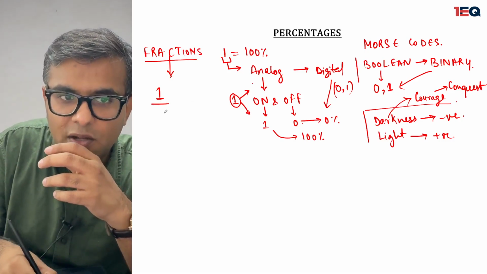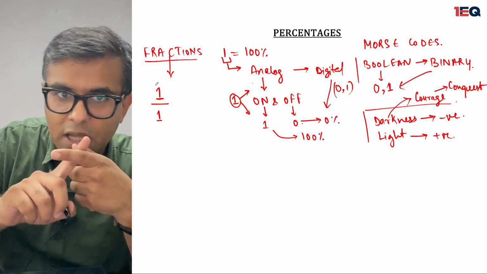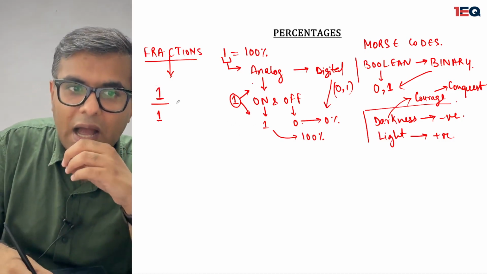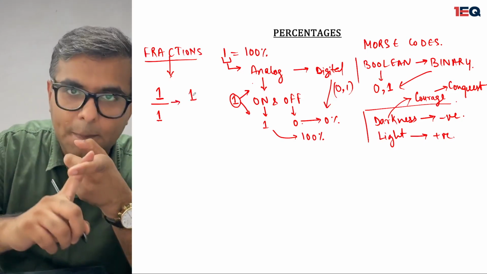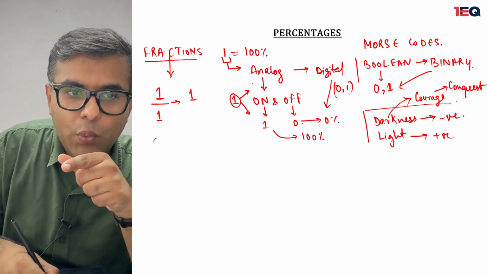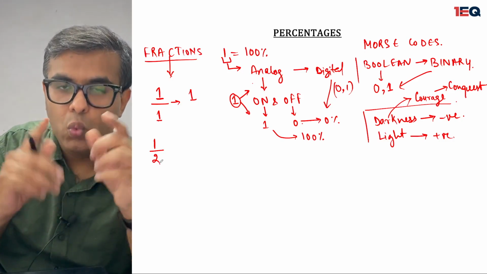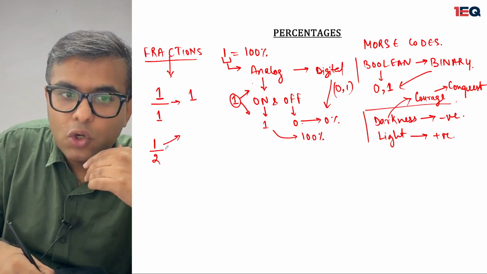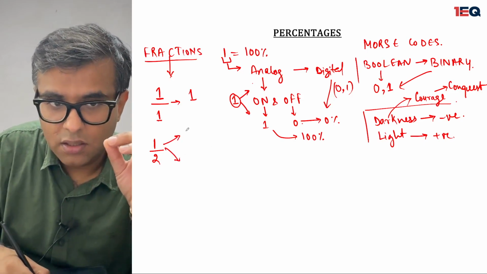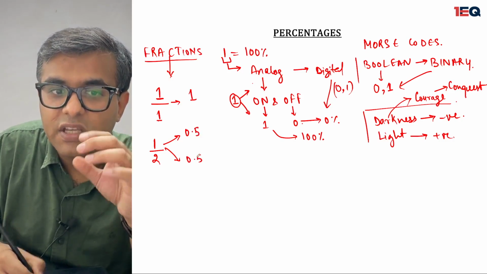When I split one into one, I create just one portion of one. But when I split one whole into two parts, I create two equal parts of one, which come down to 0.5 each.